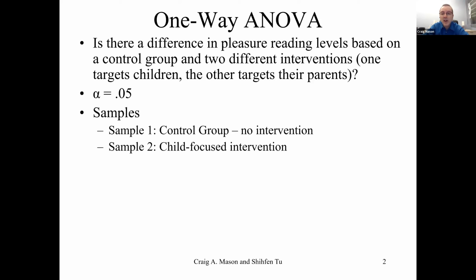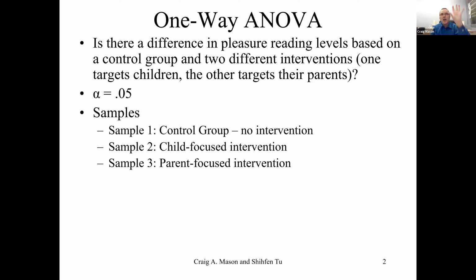So these kids are in a curriculum that's directly targeting kids to inspire them to read more. And sample 3 is going to reflect kids in a parent-focused intervention. Here you're working with parents to give them skills and strategies for getting their children to read more. Okay, so those are our 3 samples.